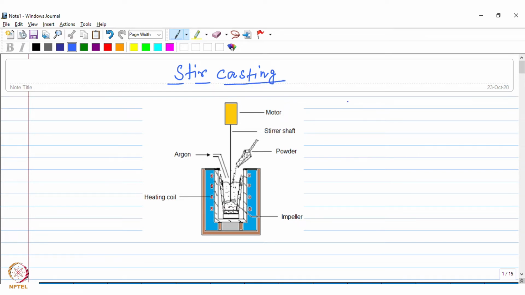As the name itself suggests, you basically stir the melt and add the second phase reinforcement into the molten metal when it is being agitated.